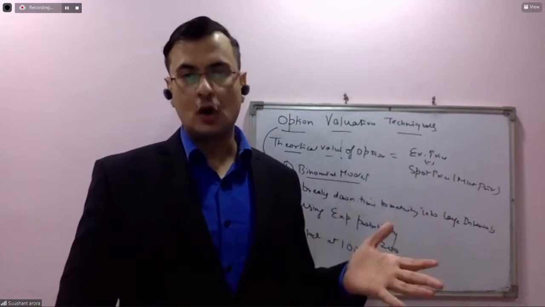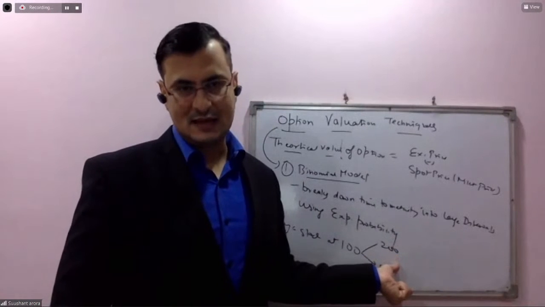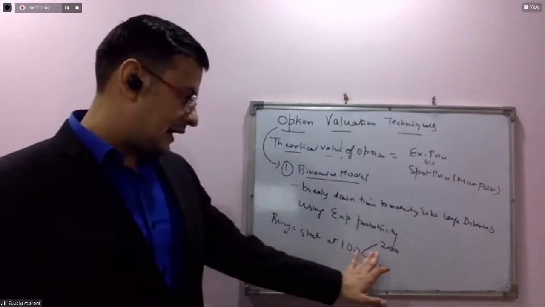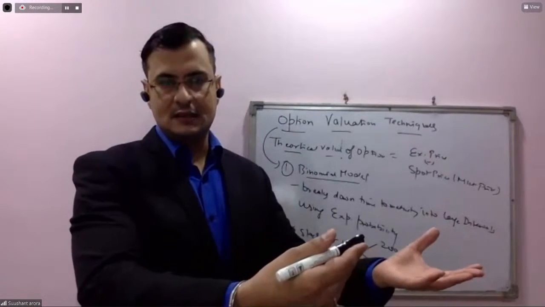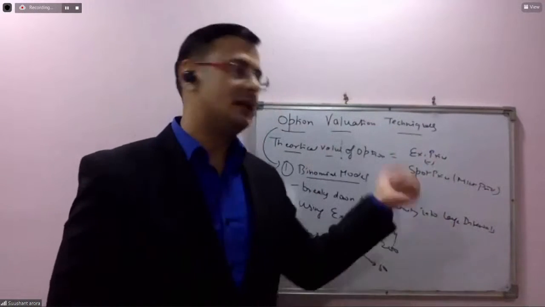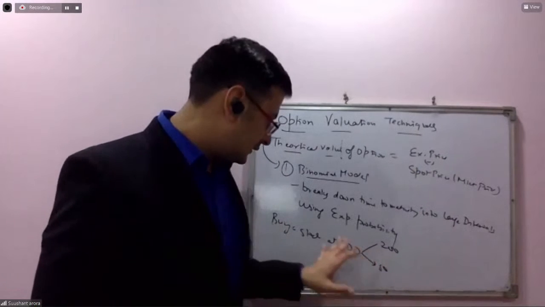If you are buying a call option, you will only make money if it exceeds; otherwise, you just let it go. Again, 200 can have further possibilities: 80% it can go up, the other 20% it can go down. So what will be the value?